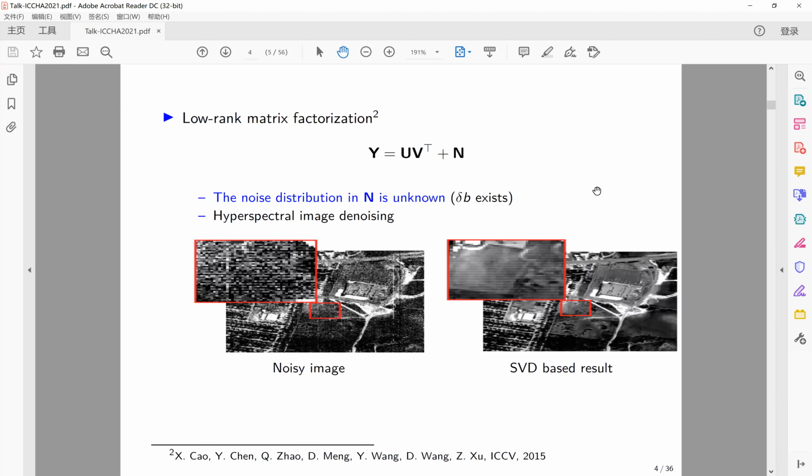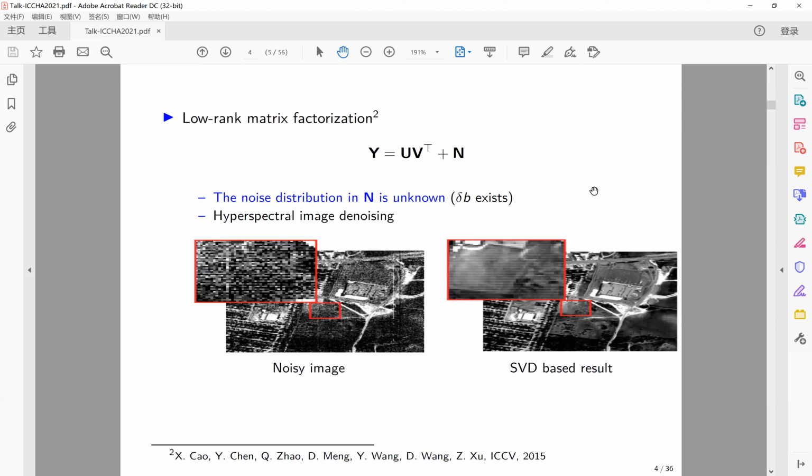The other example is hyperspectral image denoising. In a hyperspectral image, we have many different bands, and the noise distribution in each band is different. If we apply low-rank matrix factorization to approximate this hyperspectral image, we can simply apply the singular value decomposition method to restore this image.